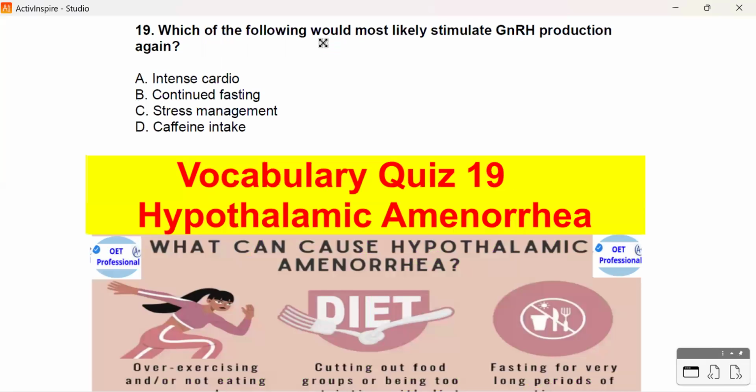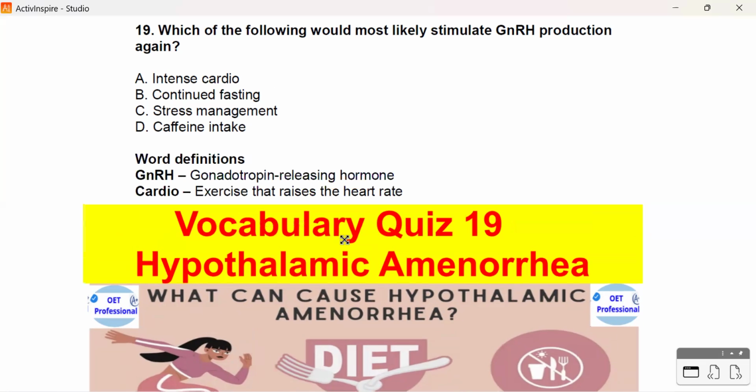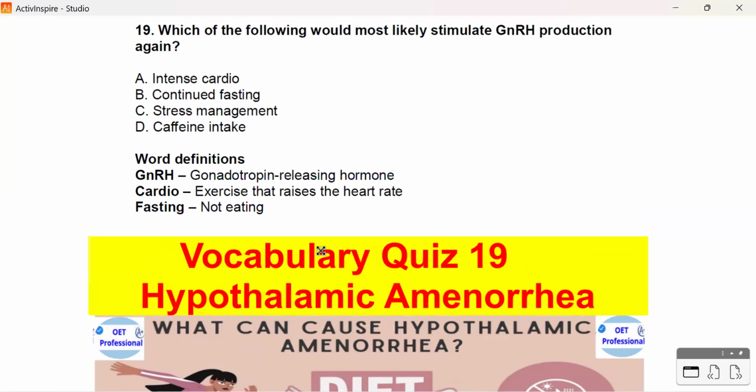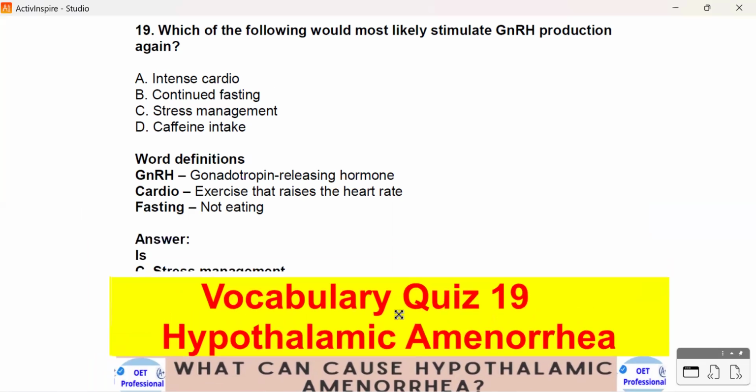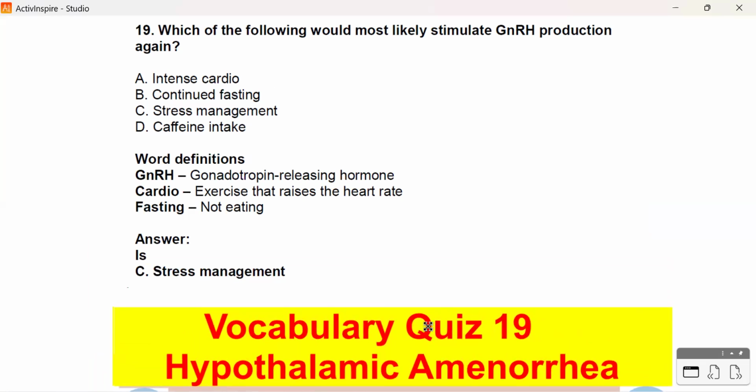Which of the following would most likely stimulate GnRH production again? Intense cardio, continued fasting, stress management, caffeine intake. The correct answer is stress management.